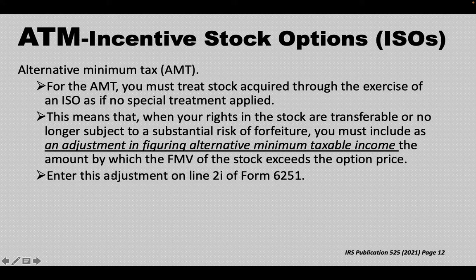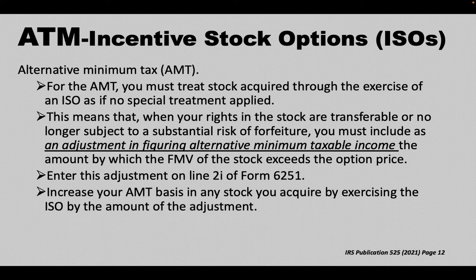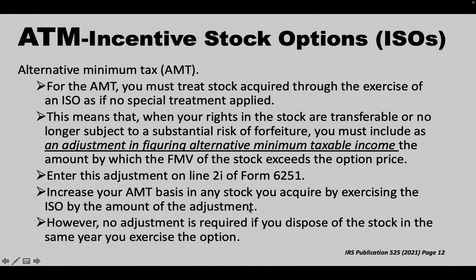You put this adjustment on line 2i of Form 6251. I'm going to show you later how this works. Then you increase your AMT basis in any stock you acquired by the exercise by the amount of the adjustment.